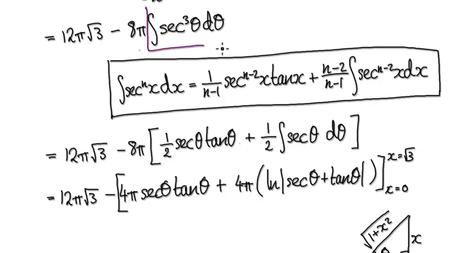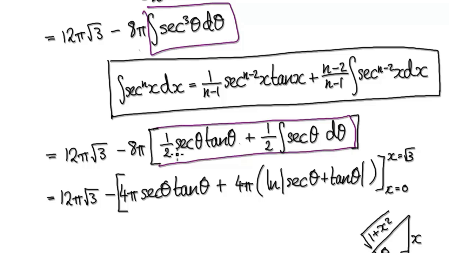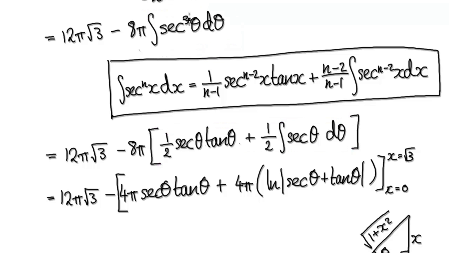So let's use a reduction formula. So this is our reduction formula here. So making use of the reduction formula, this thing here will then become this, because n is 3. So you've got 1 over 3 take away 2. That will be this thing here, and then remember n is 3.